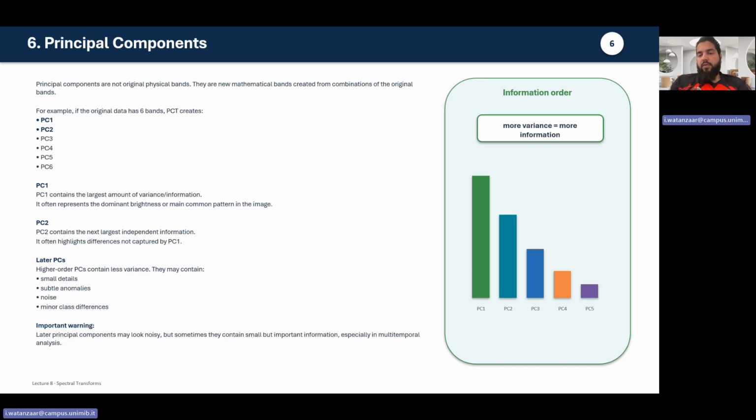That's why we keep them in multi-temporal analysis: if we remove these minor details from the complete set of information, what remains is noisy, but we can capture the important information. So in simple terms, more variance means more information in the early components, and less variance in the later principal components.